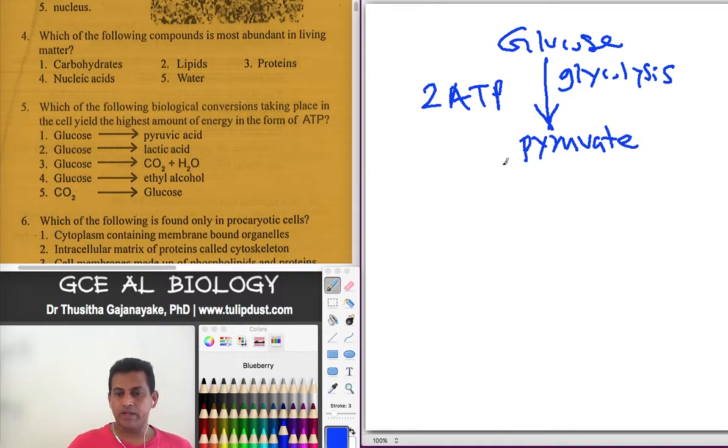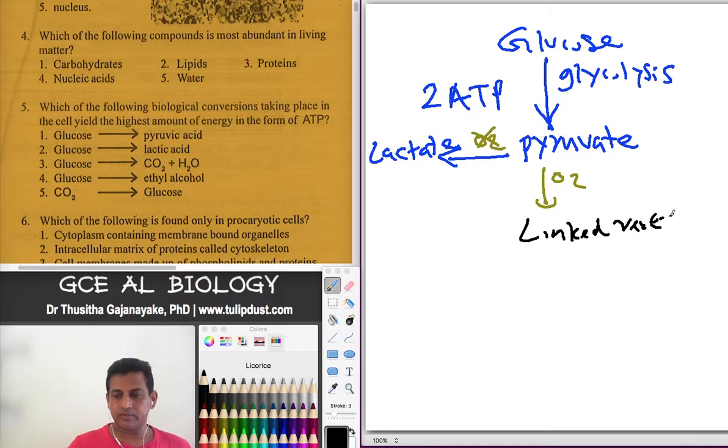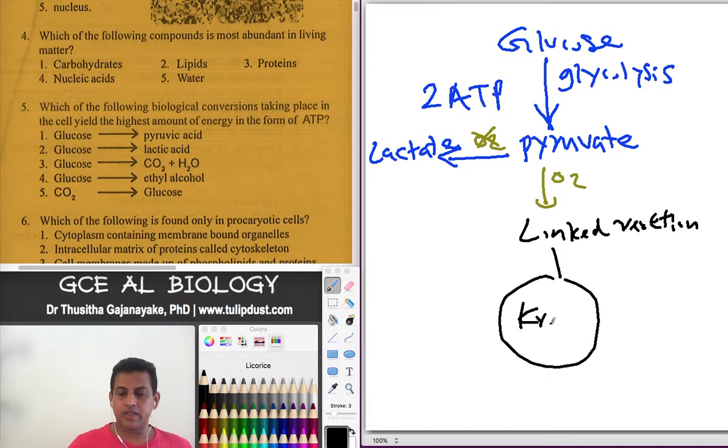Pyruvate depends on the oxygen availability. If they have no oxygen, it can go anaerobic to make lactate. If they have oxygen, they go to the link reaction and then the Krebs cycle.